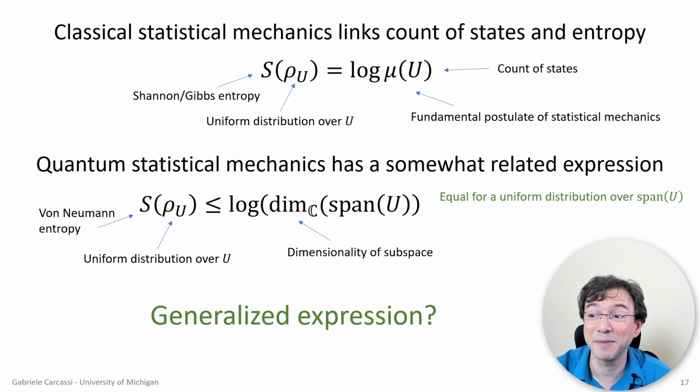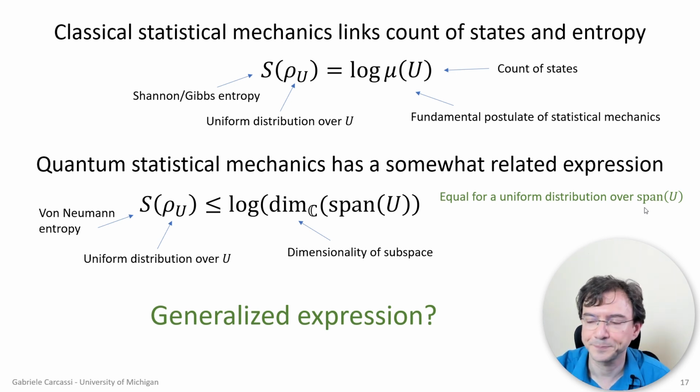Now, in quantum statistical mechanics, you have somewhat of a related expression. If you have a uniform distribution over a set of states and you calculate the von Neumann entropy, this is going to be the logarithm of the dimension of the span of U, the dimension being the dimension of the Hilbert space that is being used. And you're going to have an equality here if you have a uniform distribution over the whole span.